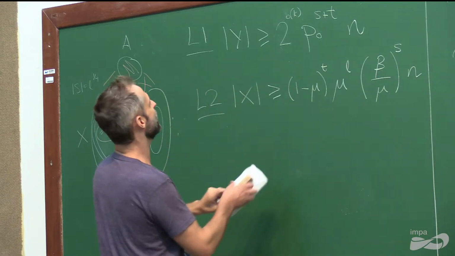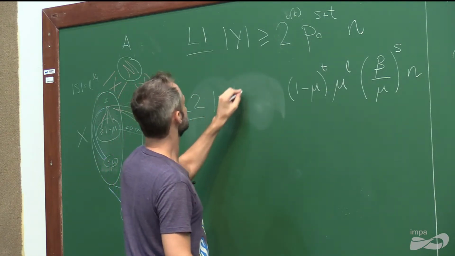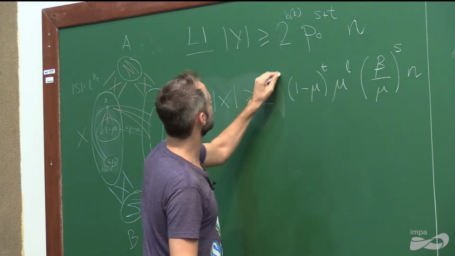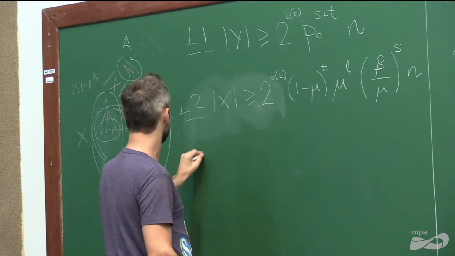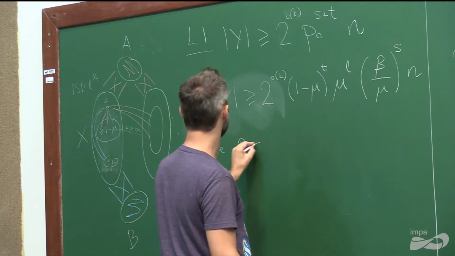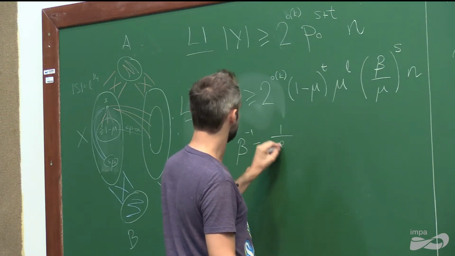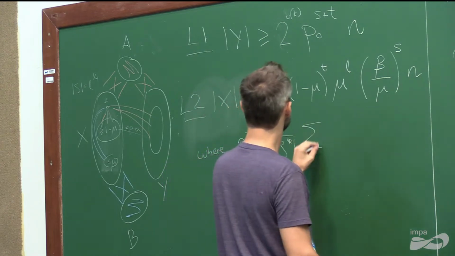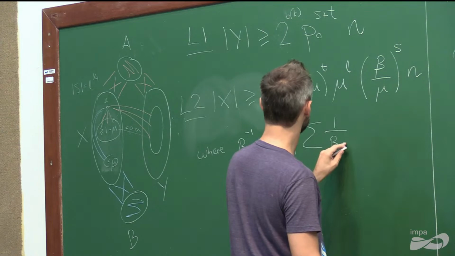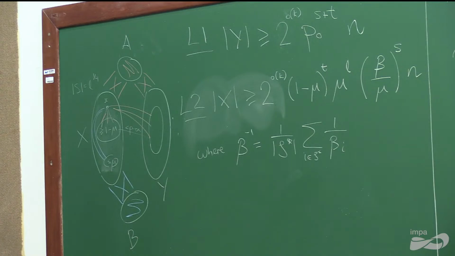And I forgot the 2 to the little o(k), a tiny bit more space, 2 to the little o(k) times this guy, where beta minus 1 is 1 over the size of S star, sum of 1 over beta i in S star, where S star is the subset of S of density boost steps that are kind of typical.